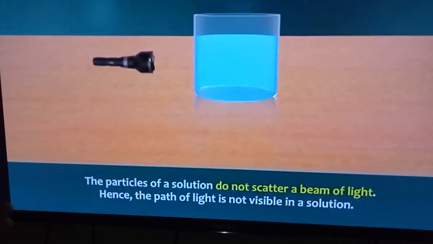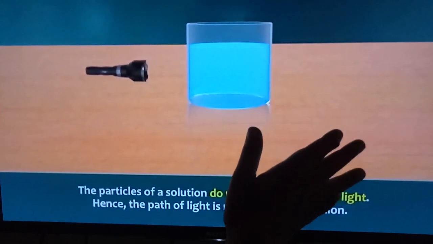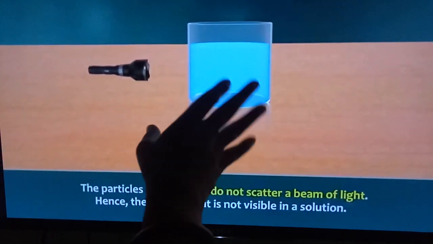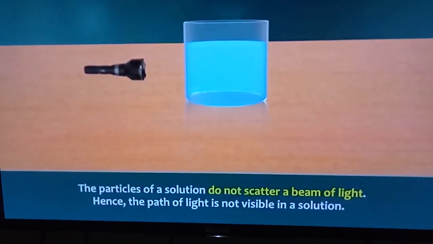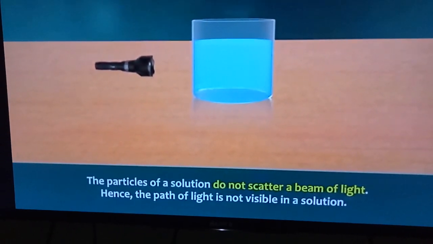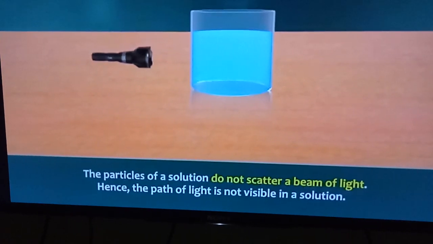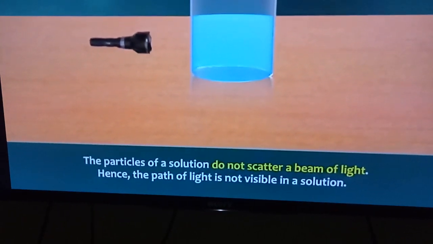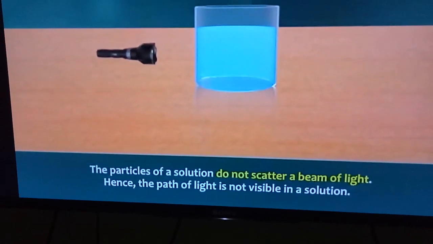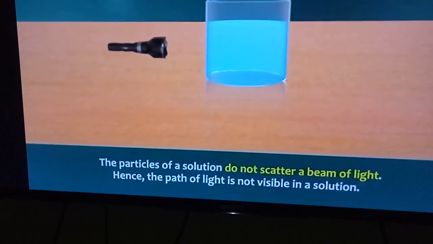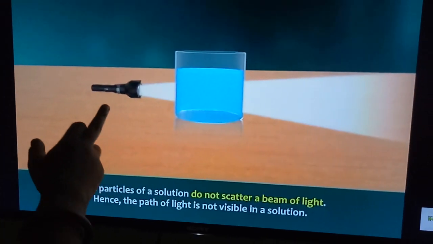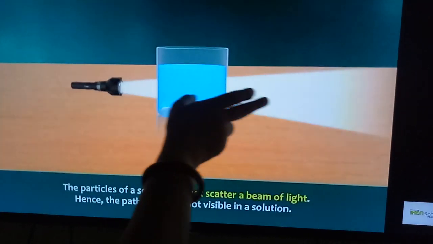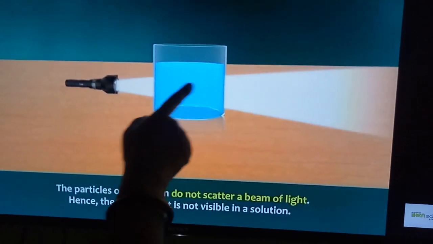Hence the path of light is not visible in that solution, since the particles are very small. Just now we have studied that they are less than 1 nanometer, so they cannot scatter the light, and that's why the path of light is not visible. Here you can see how the light is being flashed and there is no light path visible.